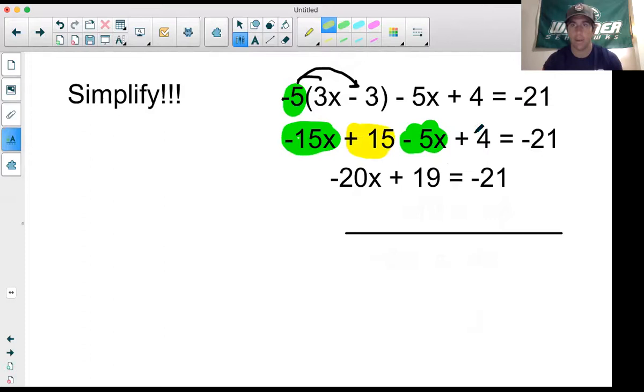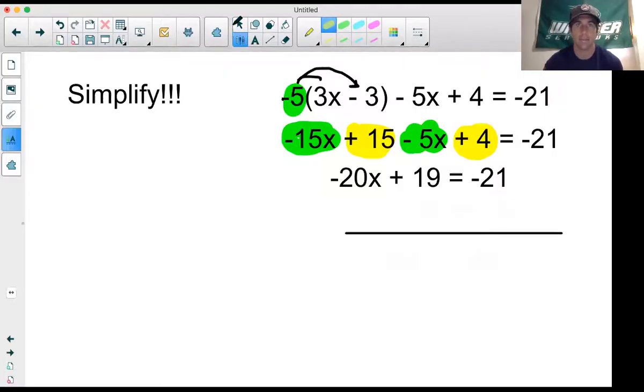And that's similar to this because they're both constants. -15x and -5x give me -20x. So -20x, and then +15 and +4 give me 19. I brought down the 21. That's what I combined to get this two-step equation now.